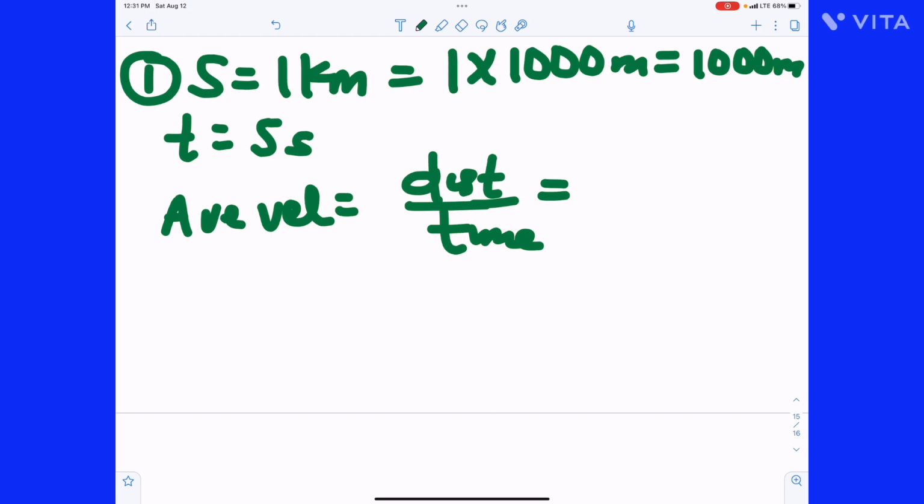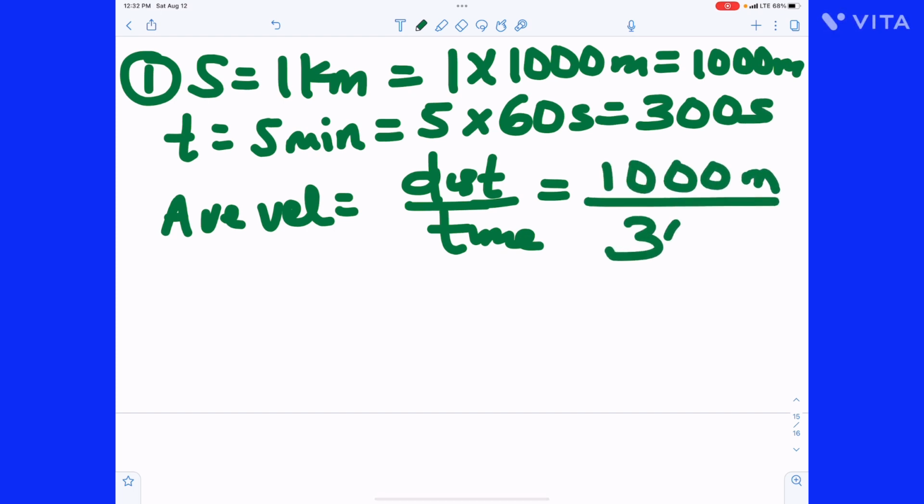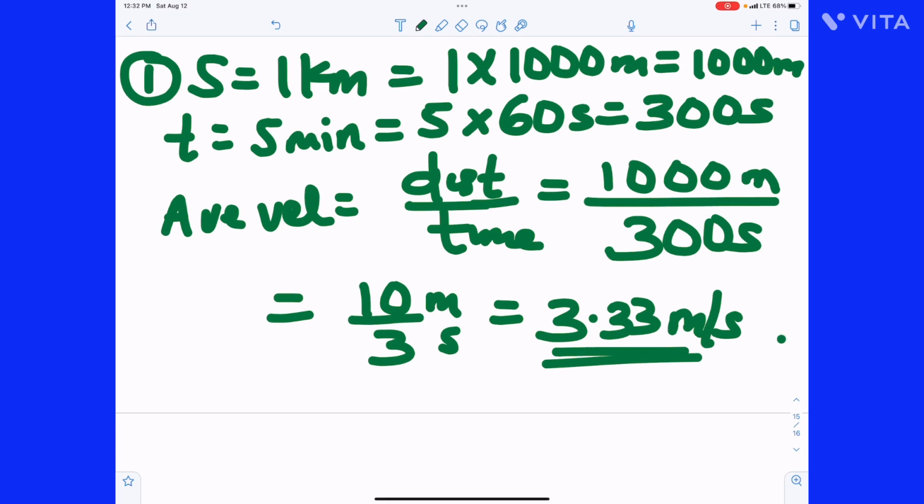Minute is not the SI unit of time, so I change it to seconds by multiplying it by 60. That gives me 1,000 meters over 300 seconds. That's 10 over 3 meters per second, and that's 3.33 meters per second. Is that clear? So, take note.